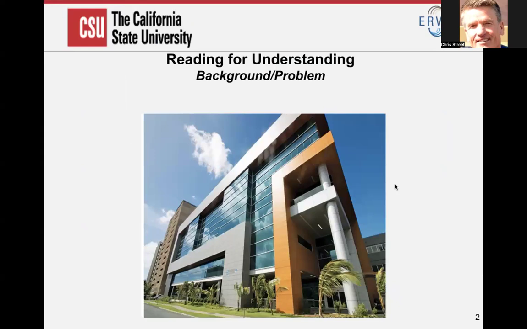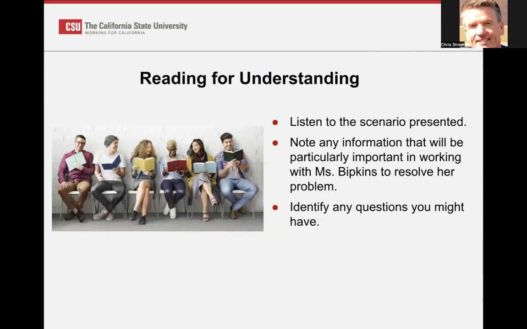So here's a picture that introduces our activity. This is a hospital, and it is a children's hospital. I want to share something with you to introduce you to the situation we're going to be exploring. Here's our scenario.